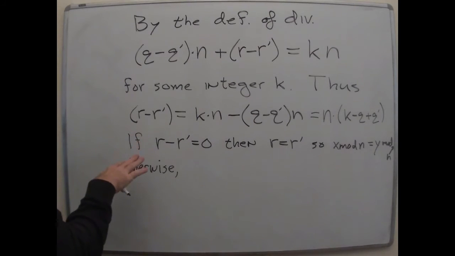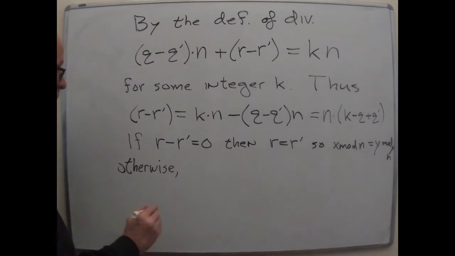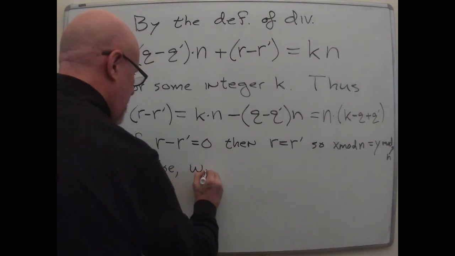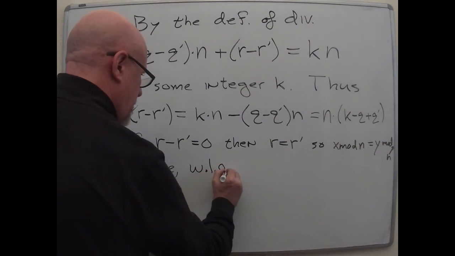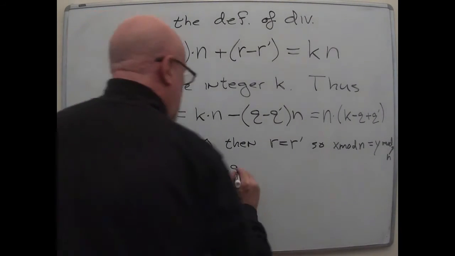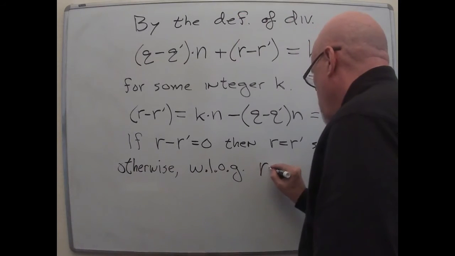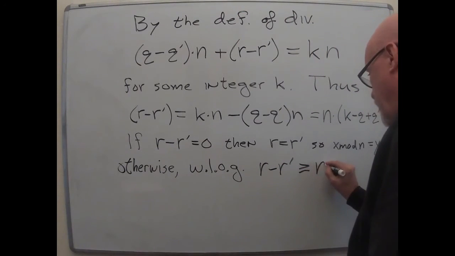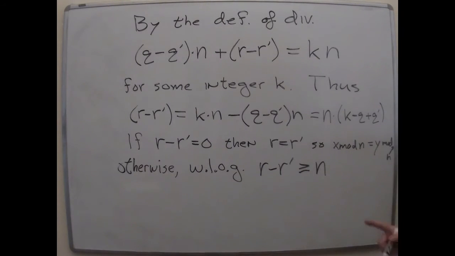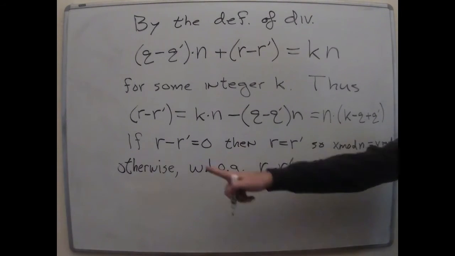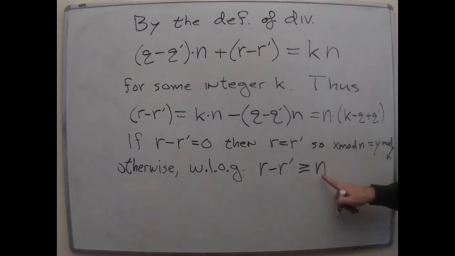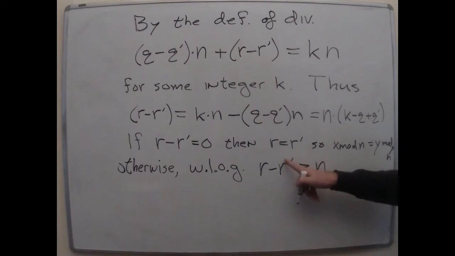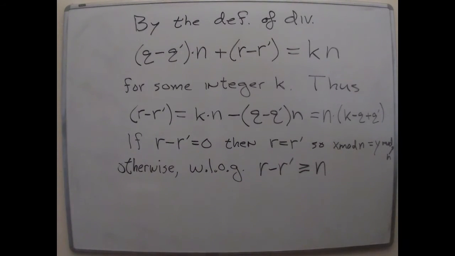So otherwise, without loss of generality, we have that r minus r prime is at least 1 times n. It could be 0, in which case we're done. It could be 1 times n, 2 times n, 3 times n, but this deals with all those cases. It's a positive multiple of n.